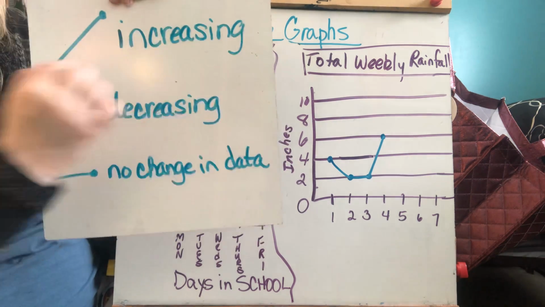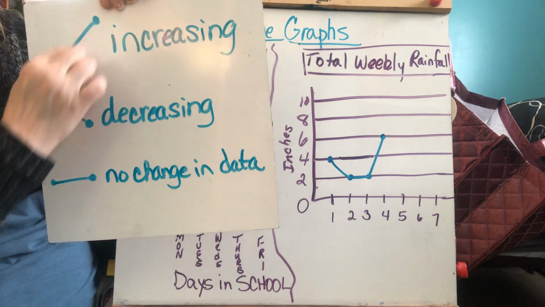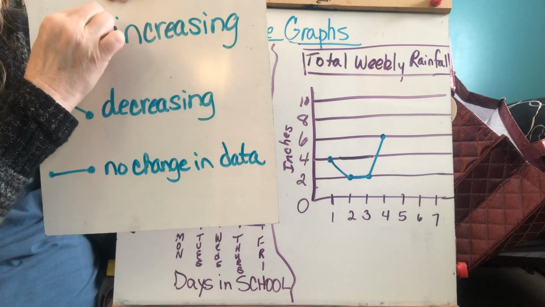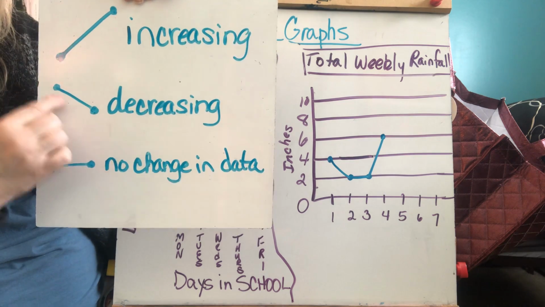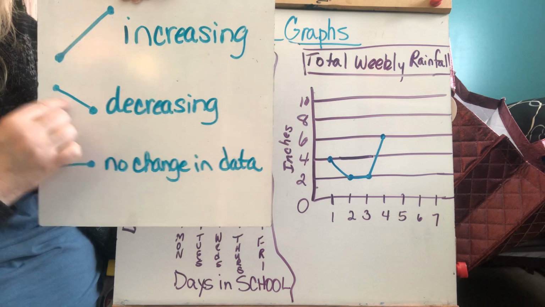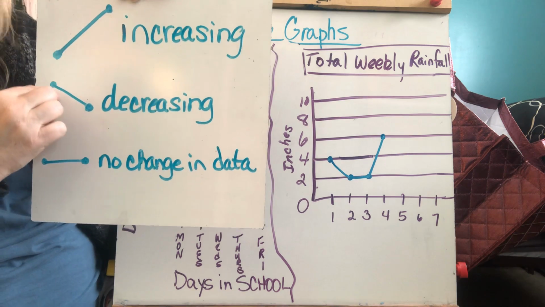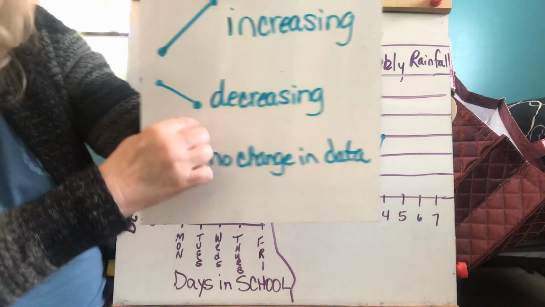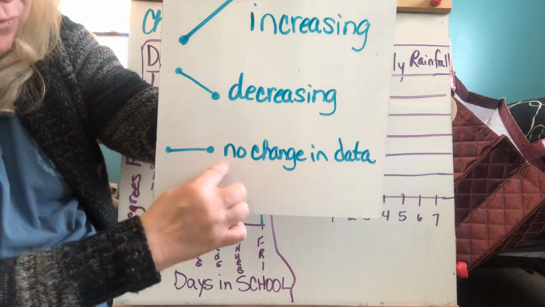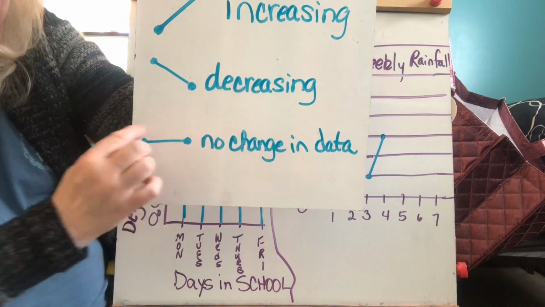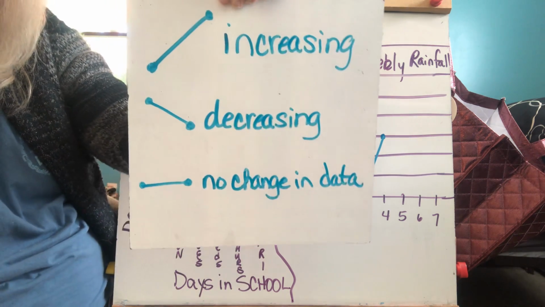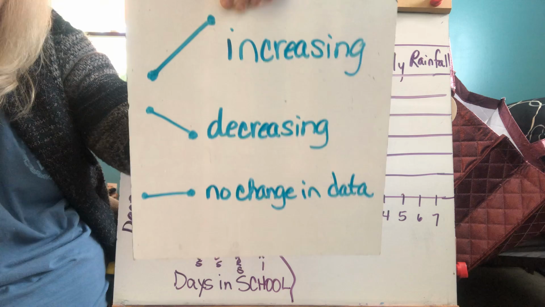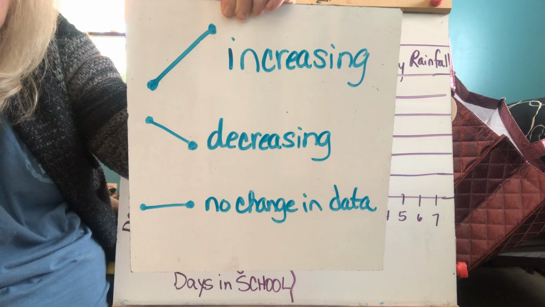You read it left to right, and increasing means it goes up. It's increasing, just like it's increasing its height. Decreasing is a line segment that goes from left to right going down. Decrease, down. And then finally, if it goes left to right with no up or down, then we say there's no change in the data. Okay, so you should copy these.